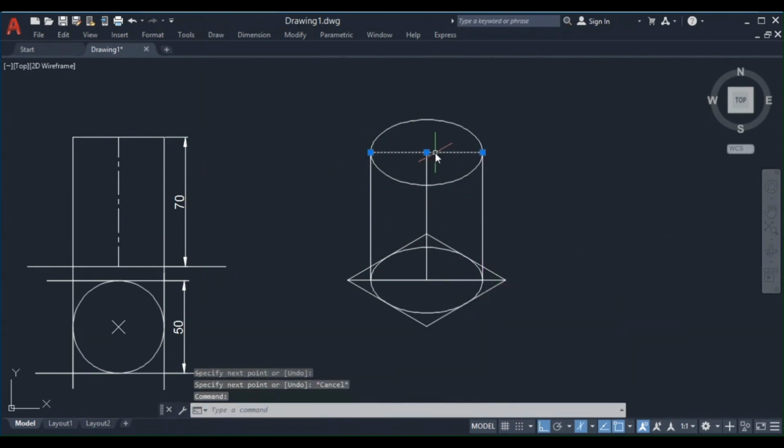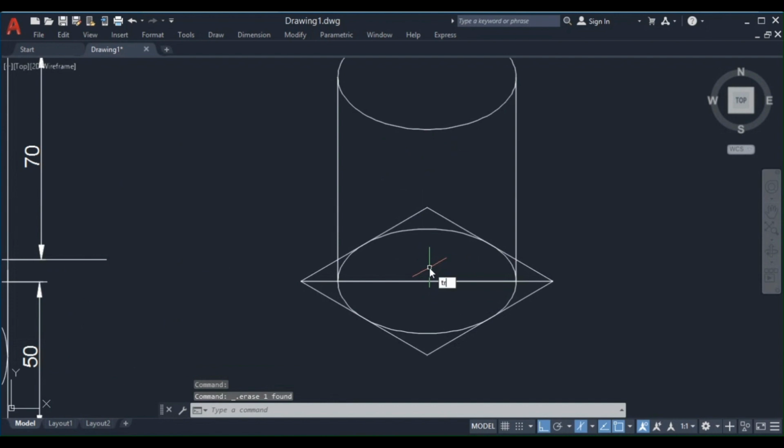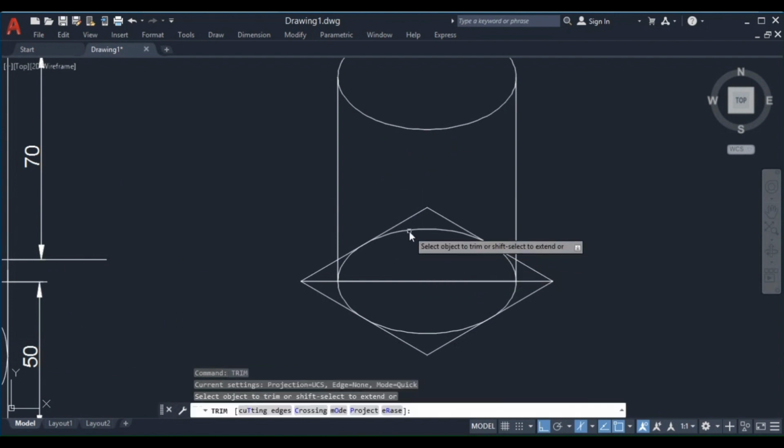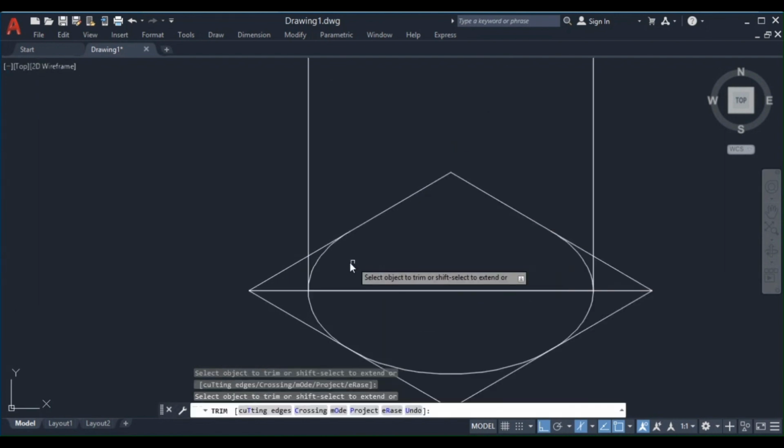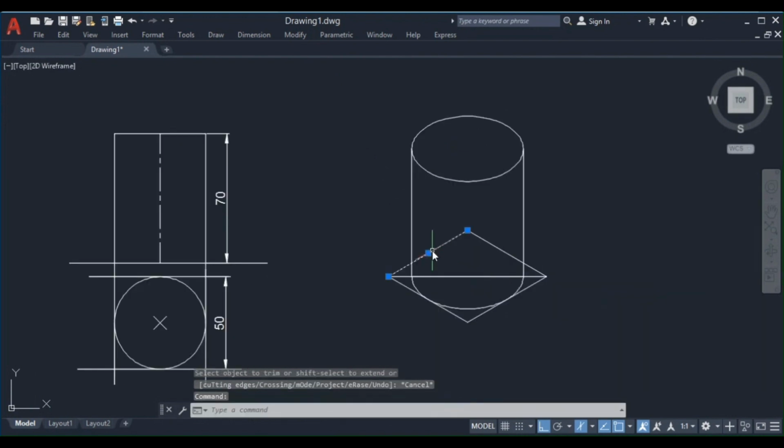Remove portions which are hidden. So this back side won't be visible. Only retain the portions which are visible only. Are you able to follow?